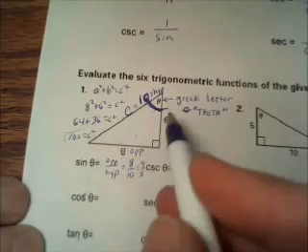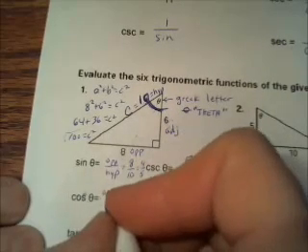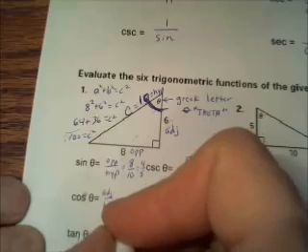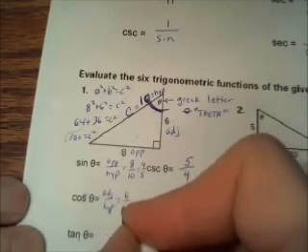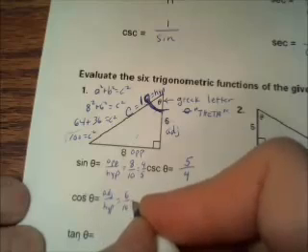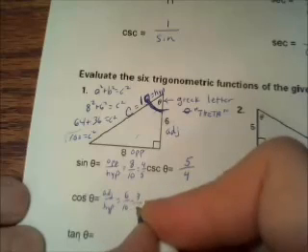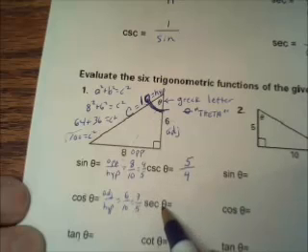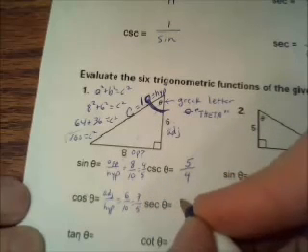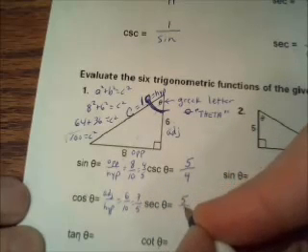The cosine is adjacent over hypotenuse. The adjacent side is 6, the hypotenuse is 10, and 6/10 reduces down to 3/5. And if we know the cosine, we can get the secant by just flipping the cosine upside down and calling it 5/3.